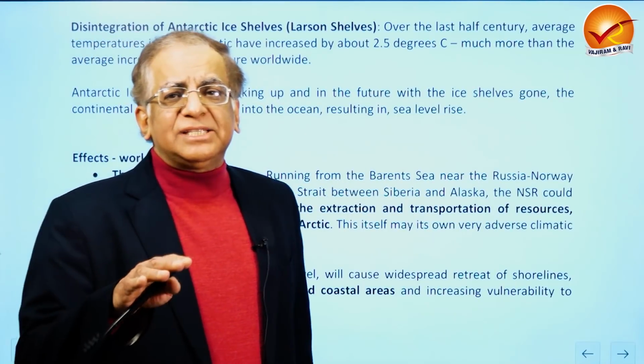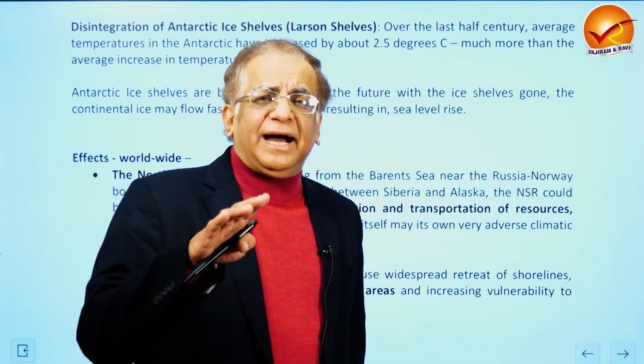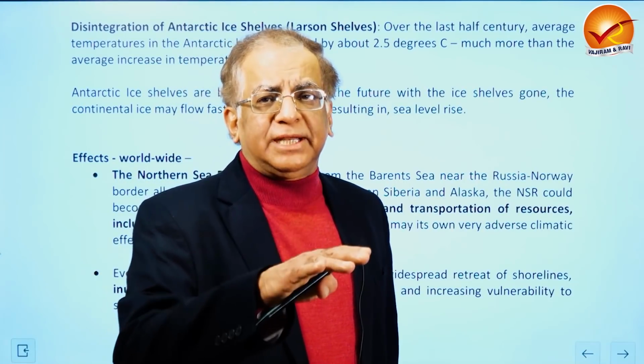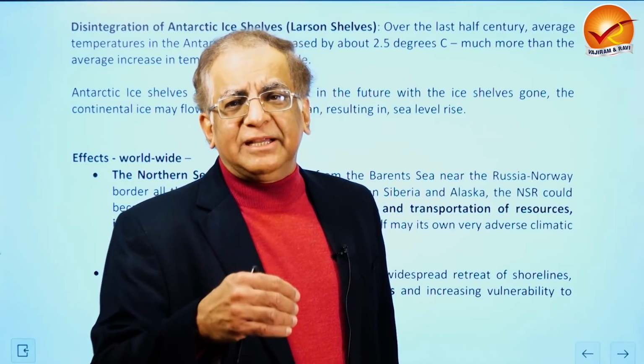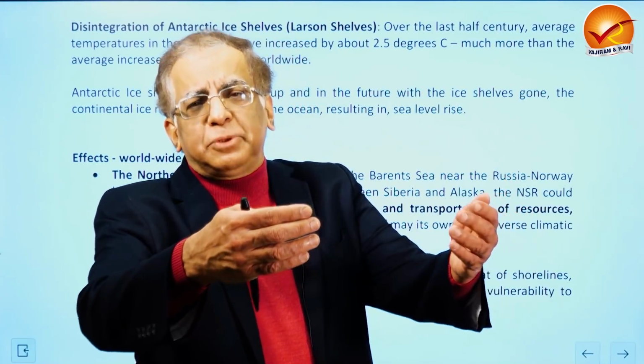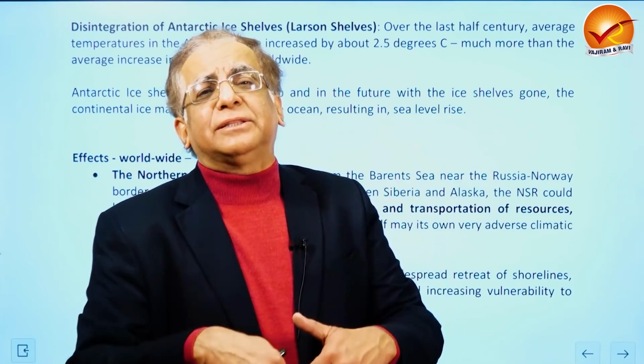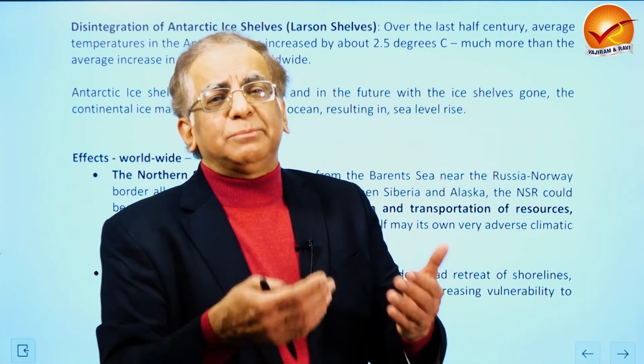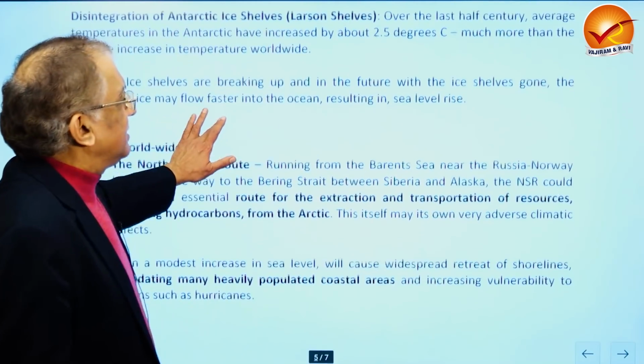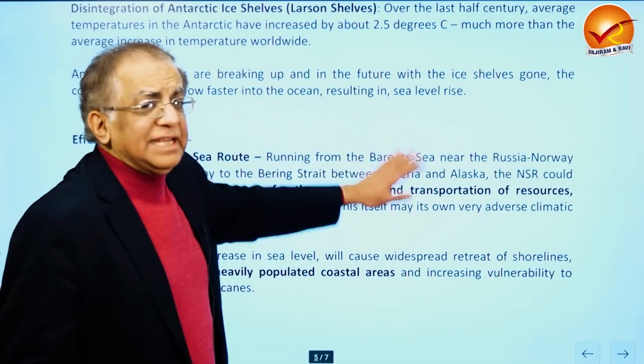Remember, an ice shelf is the ice which is attached to the coastal area. And when it is breaking up, it is going into the ocean and providing the passage for the continental ice to enter the ocean. And as more and more of it enters the ocean, sea levels would rise.